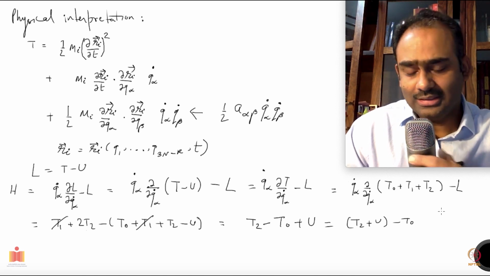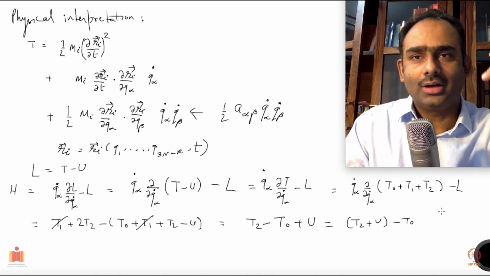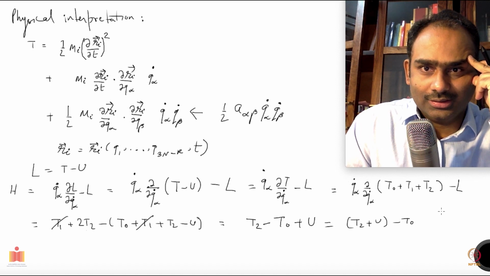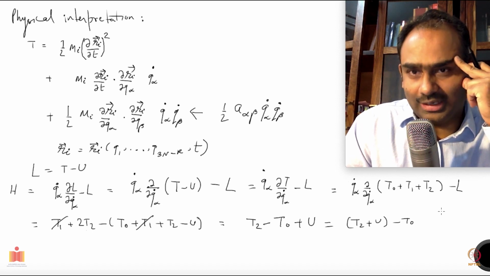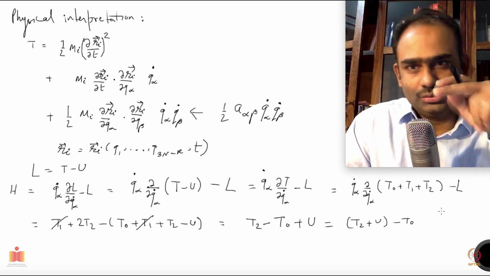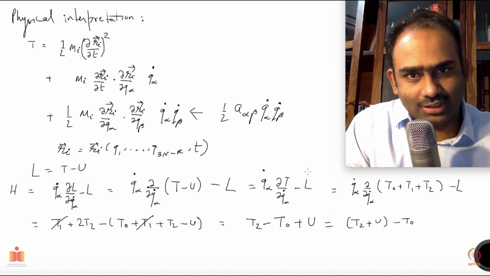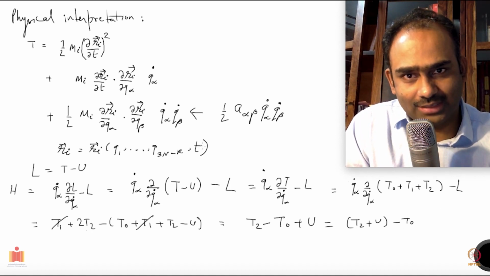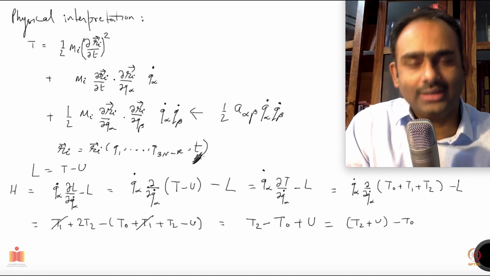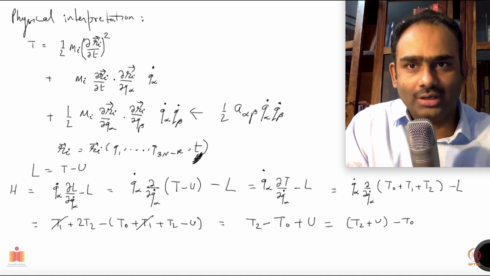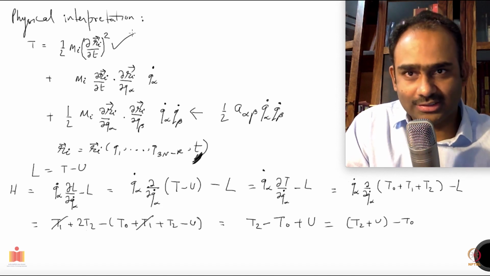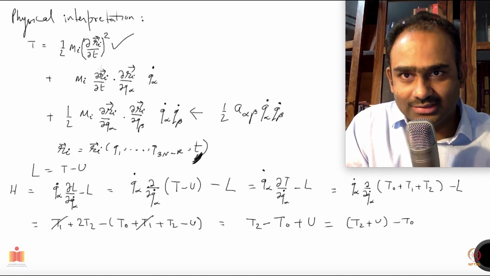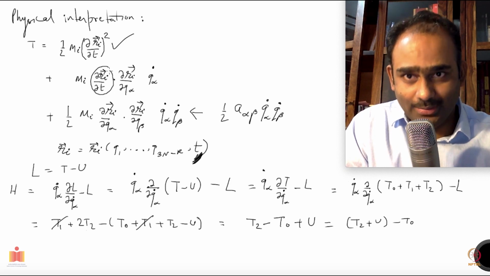But imagine your transition from Cartesian coordinates to generalized coordinates does not involve time. So let's say this time dependence is not there. If that time dependence is not there, then this term will be 0, because it involves partial derivatives with respect to time.